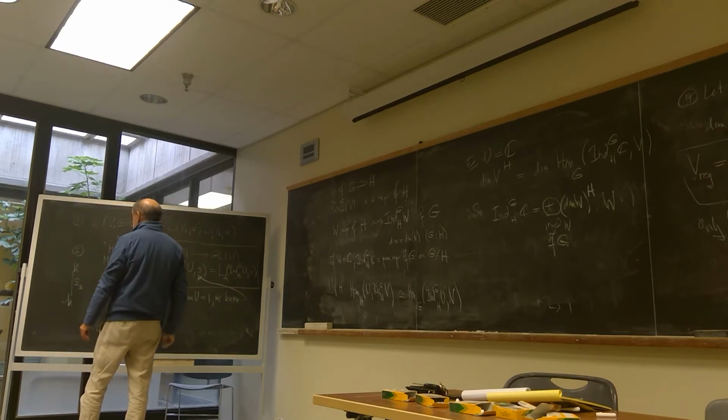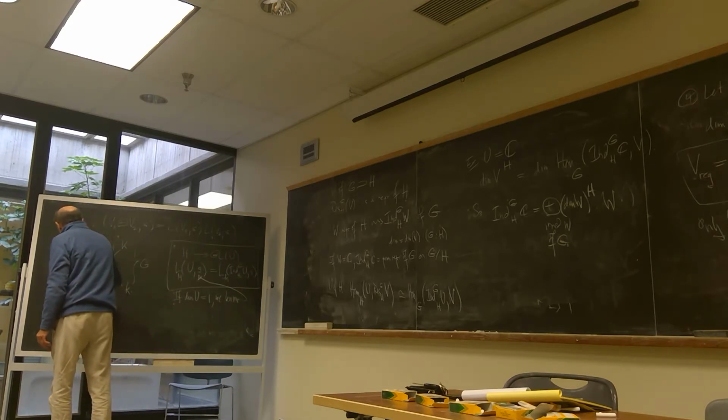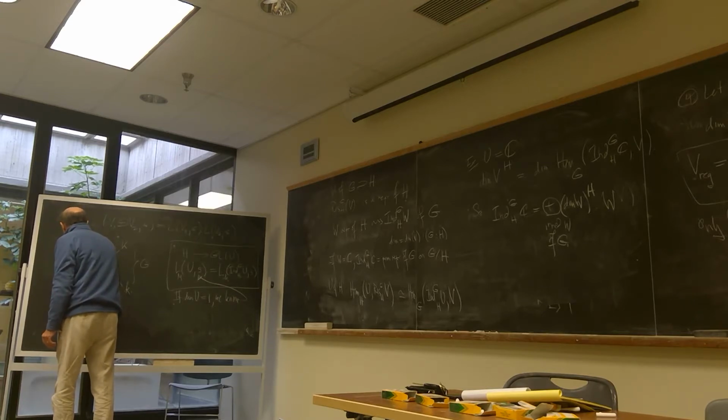How do we get the two-dimensional representation? Here's the S3 extension.